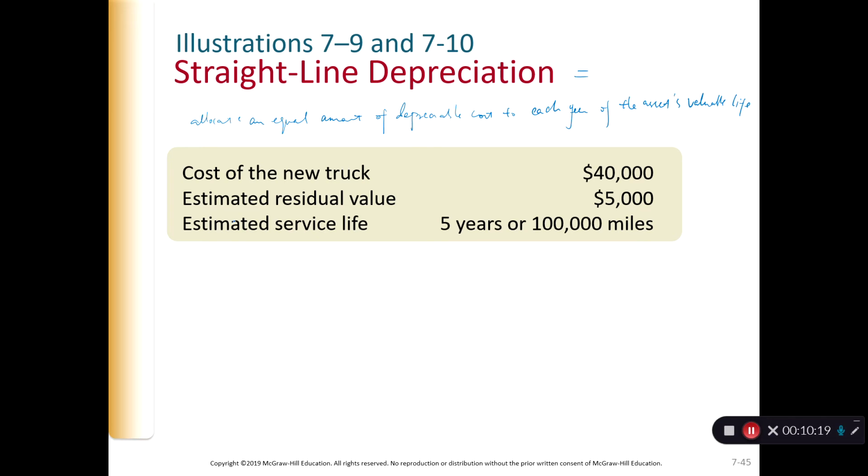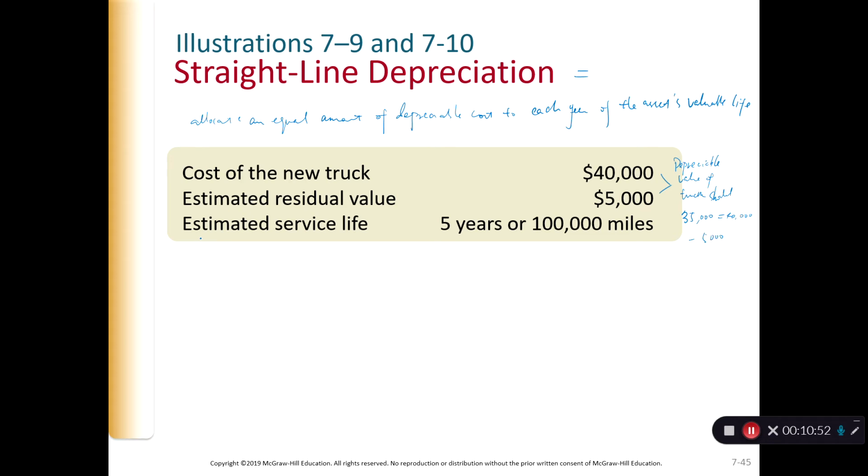Okay, so let's see this example. The cost of a new truck is 40,000 and the estimated residual value, or salvage value, is 5,000. So the depreciable value of the truck is the 40,000 minus the residual value of 5,000.